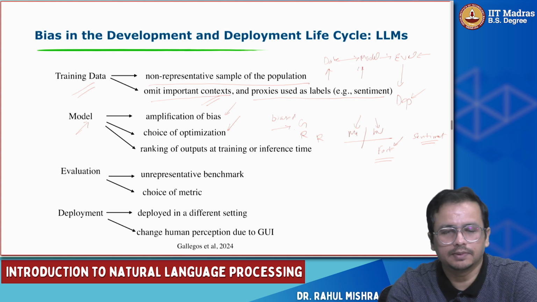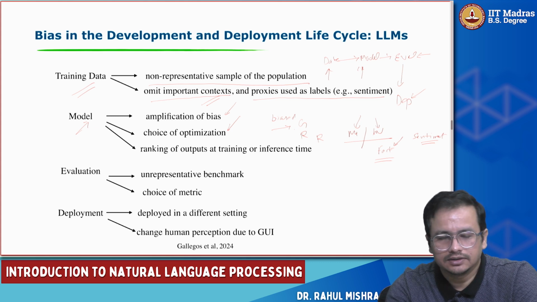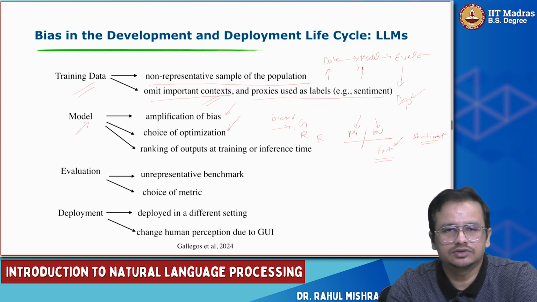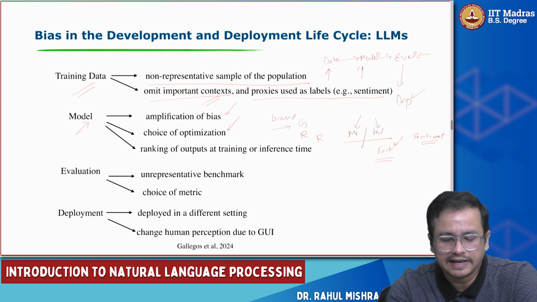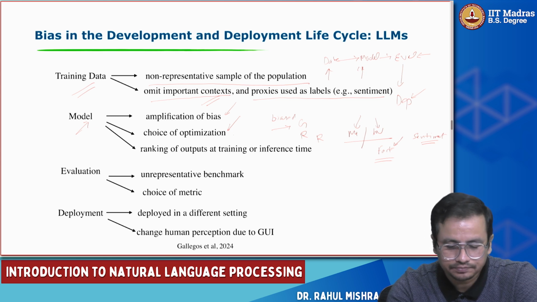So you design your optimization algorithm in such a way that it gives more emphasis to a particular party and does not give the representation or full consideration to the other party. So this could be the choice of optimization playing a role in bias.